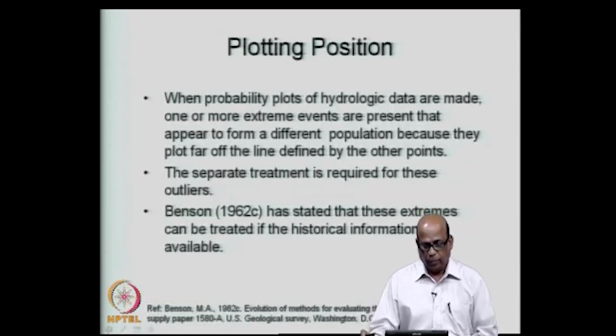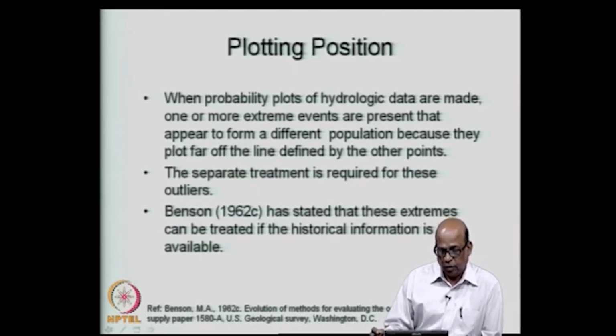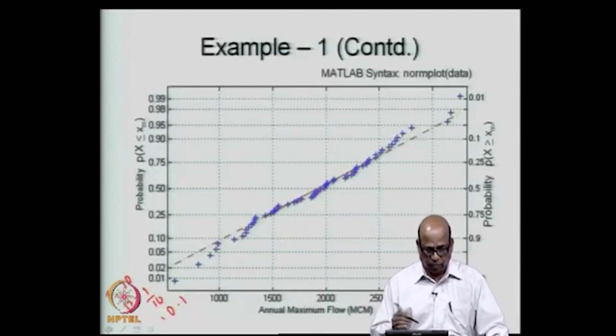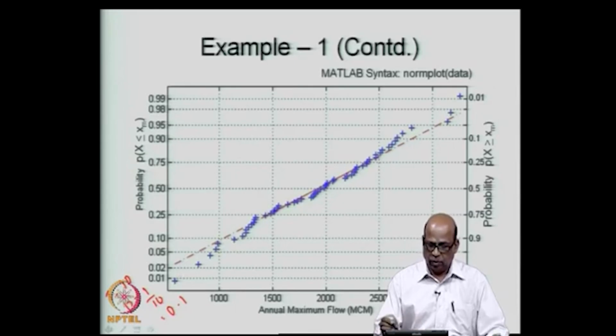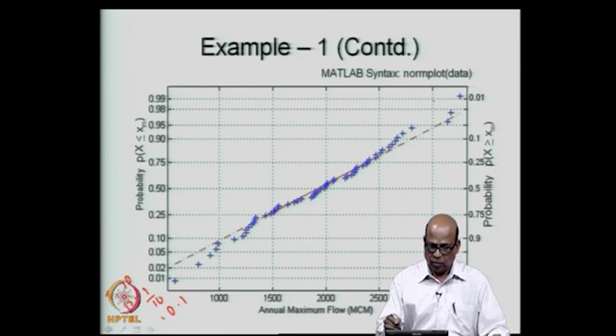So, the plotting position, when the probability plots of hydrologic data are made, typically you may have some extreme values which may be far away from the straight lines. In this particular case, let us say this value or this value, etcetera, they may be far away from the straight lines, and in between we may get a value here, or some value somewhere here.